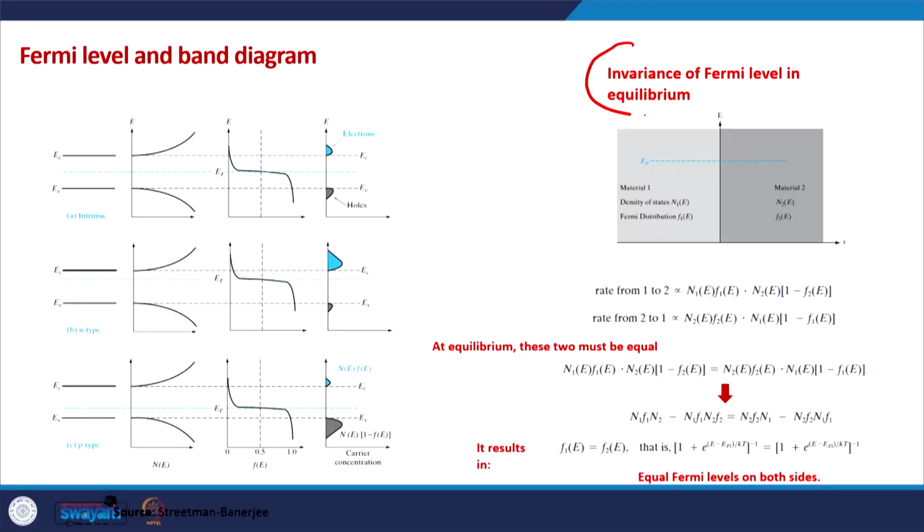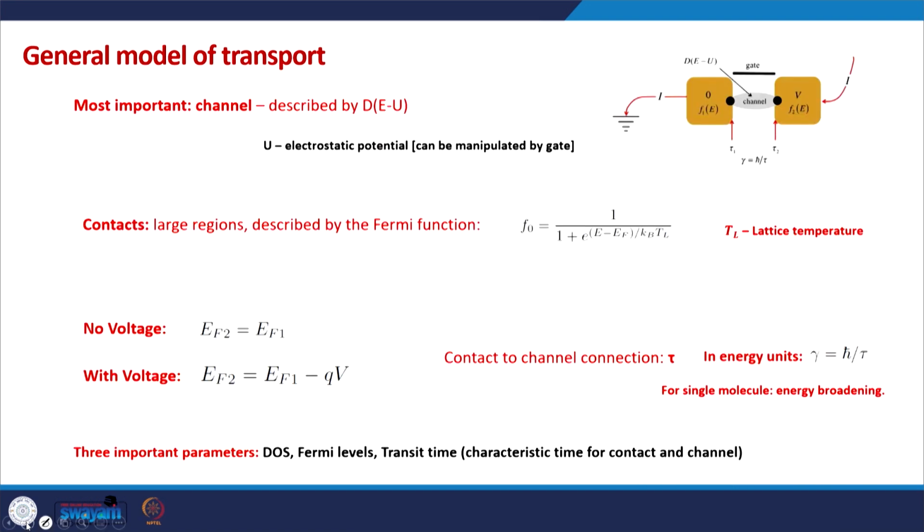That's what we did. And what we went through is that the Fermi level in equilibrium is invariant across the entire device, entire system. Then we studied the general model of transport, which is actually a generalization of Landauer's model of transport, where the contacts are modeled by the Fermi functions of the contacts and the Fermi levels, and the channel is modeled by the density of states.